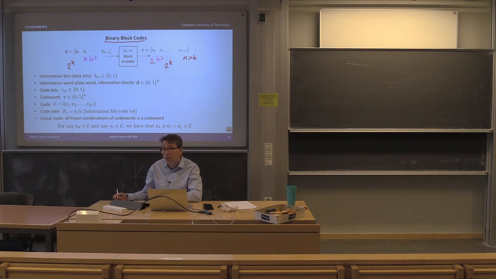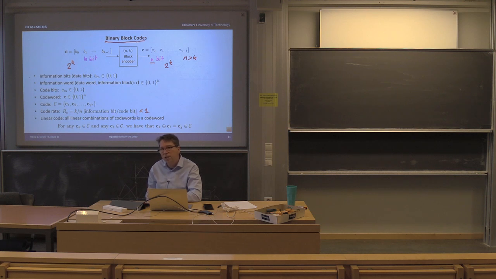It cannot be less, because then we throw away information bits, and that's typically not in our interest. So we don't do that. So n is greater than k, so this code rate, which is k divided by n, is a number which is less or equal to 1. And the code rate tells us how many information bits there are per coded bit.